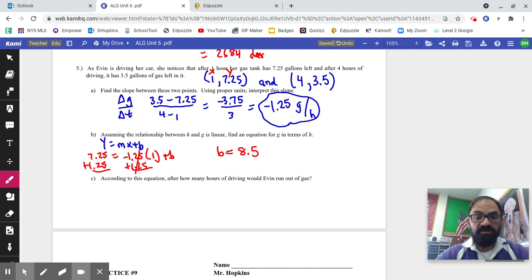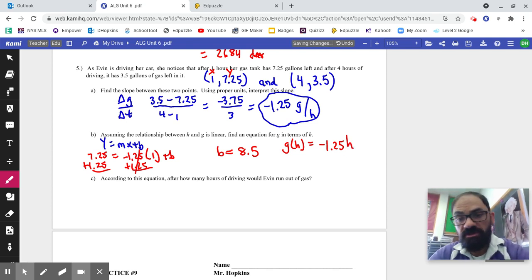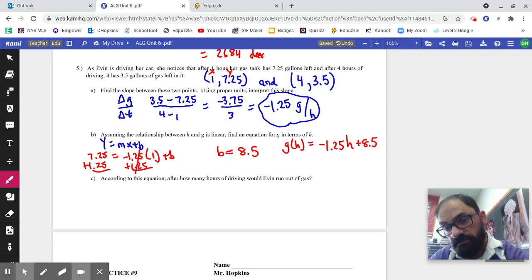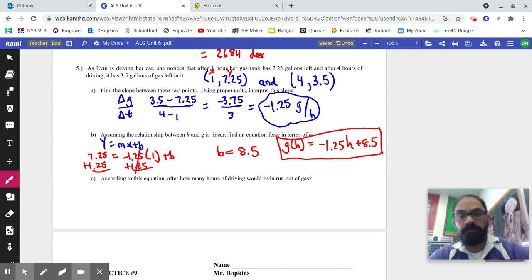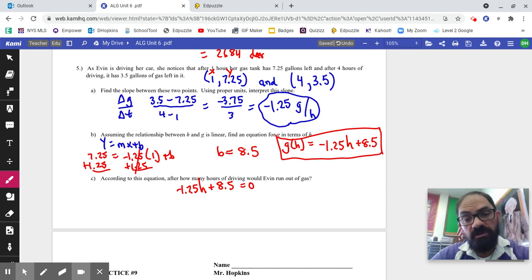So if that's 8.5, we need the equation. So G in terms of H. So G of H equals our slope, negative 1.25 H, and the y-intercept is 8.5. Okay, according to this equation, after how many hours of driving will Evan run out of gas? So if I set this equation equal to 0, and solve for H, that'll tell me how many hours.